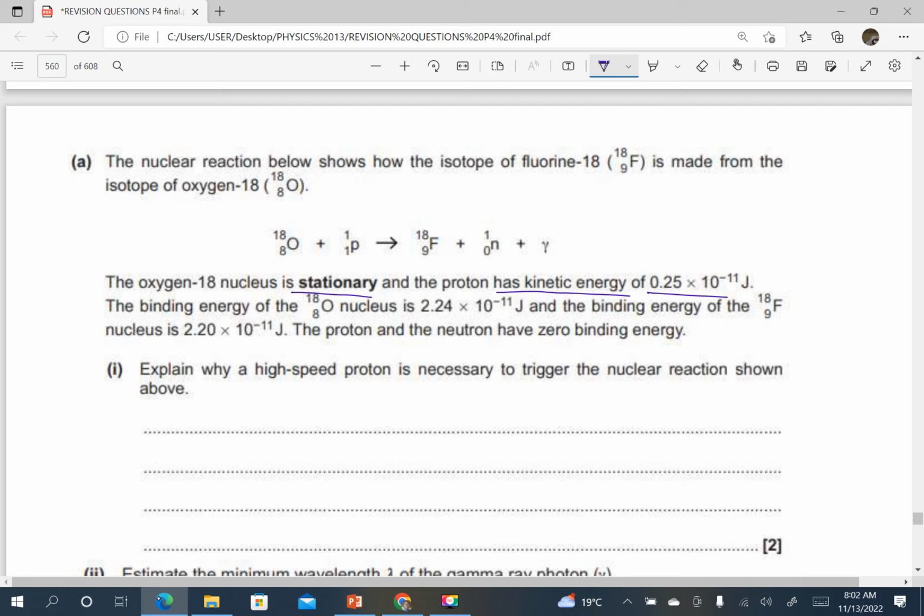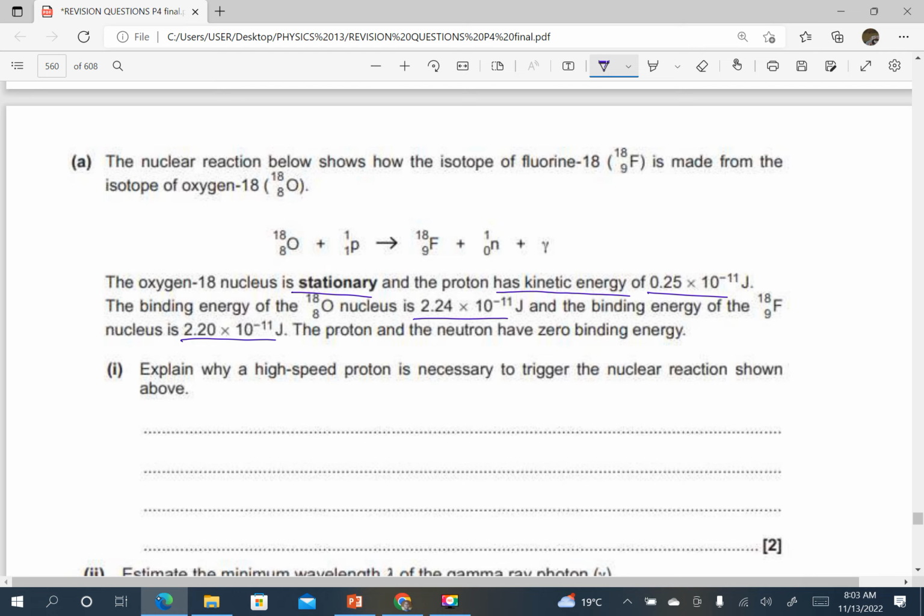The binding energy of the oxygen nucleus is this one. Remember, binding energy from nuclear physics is the energy released or absorbed when nuclei are separated to infinity or are brought from infinity. The binding energy of F18 is 220. On the other side, the proton and the neutron have zero binding energies.